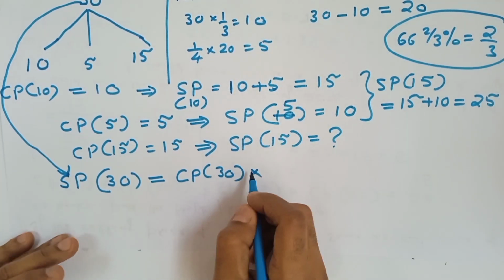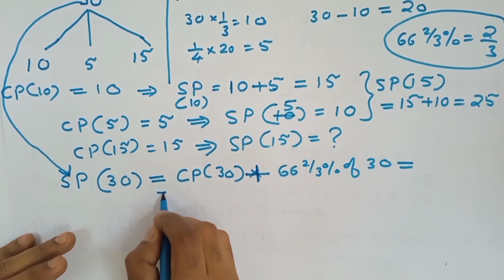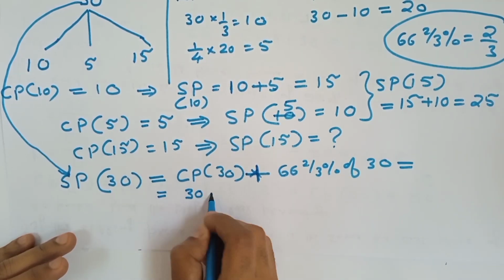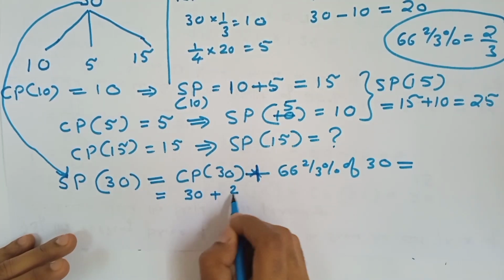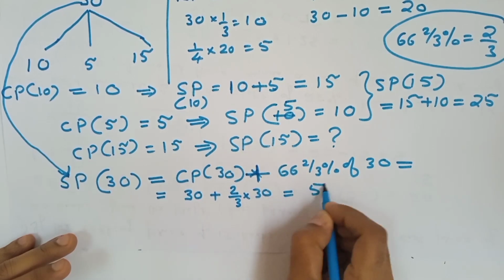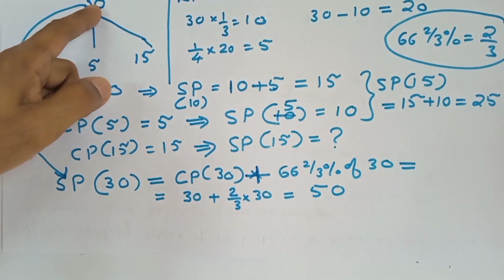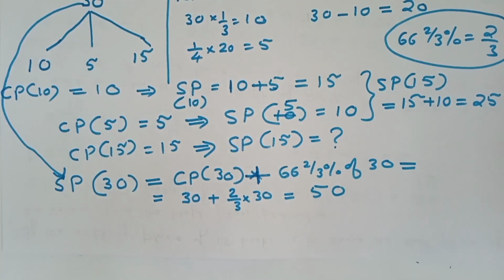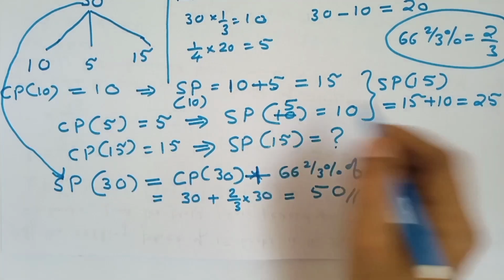So what he wants is CP of 30 plus, which is this is 30 and 66 2 by 3% is 2/3. So 2/3 of 30, it will come to 20, so 50 in all. So overall selling price of 30 apples should be 50. He should get 50 rupees by selling 30 apples.